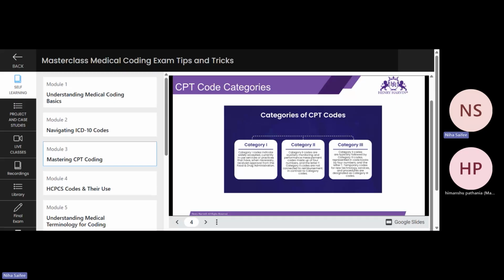Category 3 codes. Now, what are category 3 codes? Any new technology, services, treatment. Healthcare is always improving. There are always innovations. If you bring some new drug into the market, and you want to put it into clinical practice, or any new method of surgery, or any new equipment, anything.